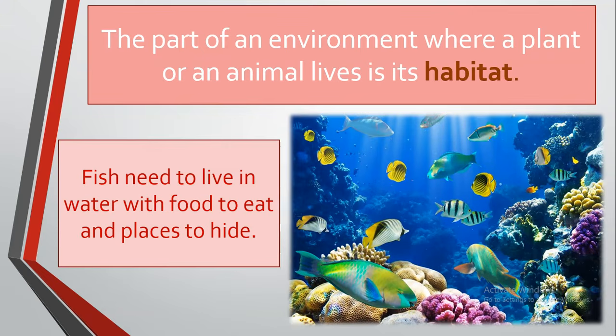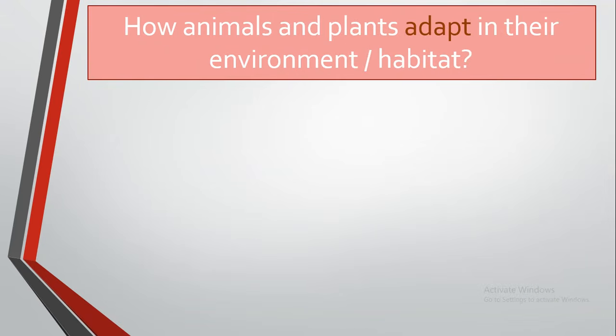So, different plants and animals live in different environments, right? Now, the part of an environment where a plant or an animal lives is its habitat. So, they need to find what they need in their habitat to stay alive, to survive. Now, how do animals and plants adapt in their habitats?